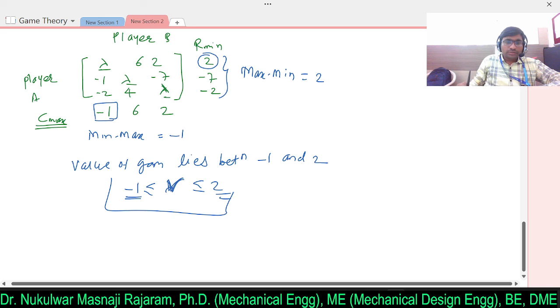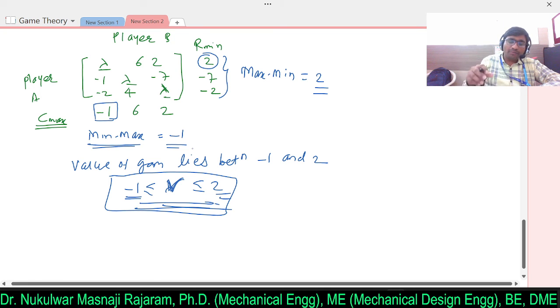Clear? So sometimes if they ask you about the value of the game, then we can write it as a range. Clear? So it will definitely be in the range of min max to max min. If they are equal, then definitely that will be the saddle point, and that value itself will give the value of the game.